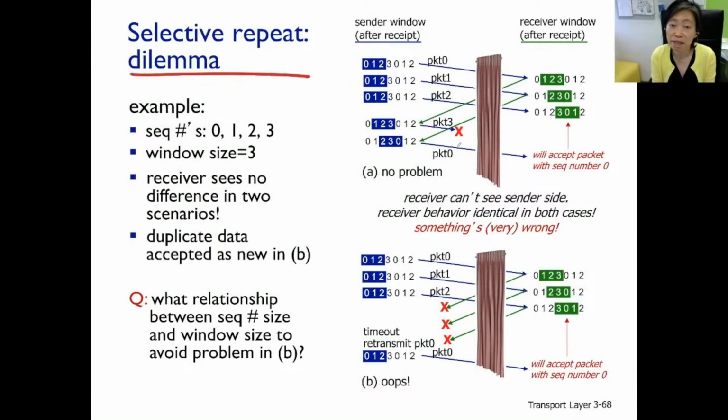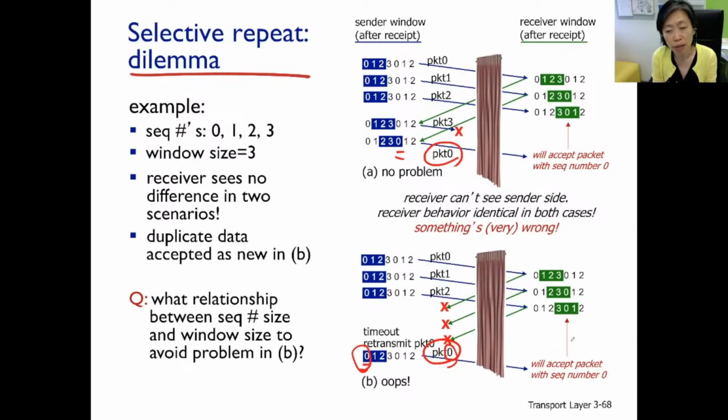So we need to be careful here to prevent this. Packet 0 here and packet 0 here obviously are two different packets, but being confused as the same packet. Okay, so according to case A, we'll actually pass packet 0, these bits, again to the application layer. Not good. All right?